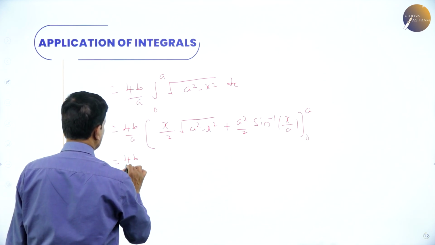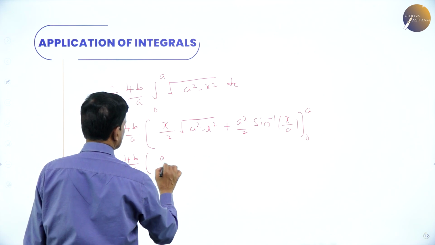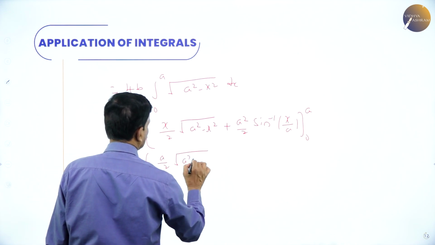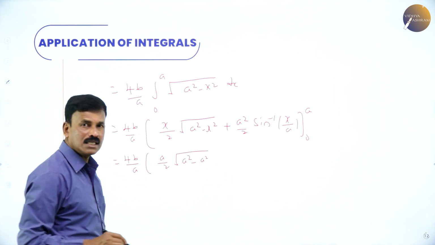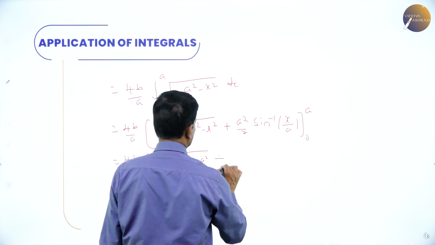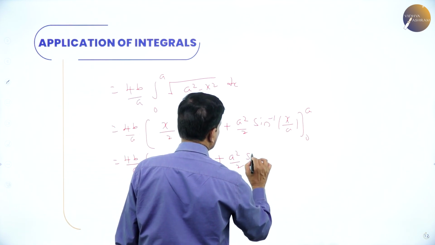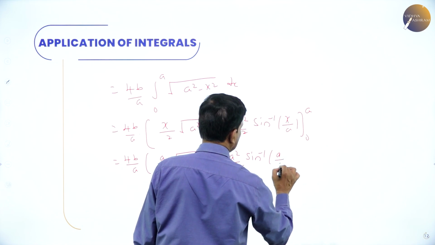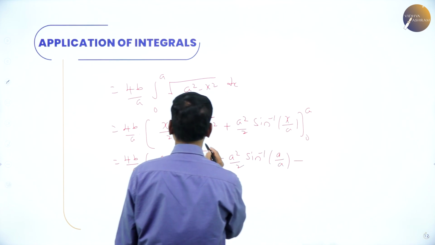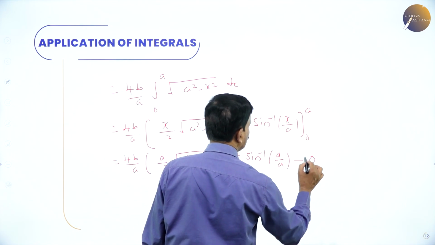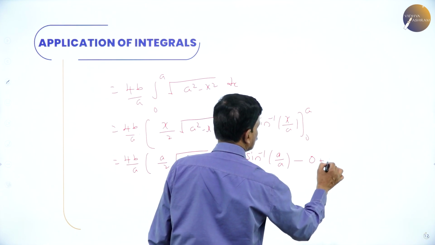So this is 4b by a as it is. X is nothing but a by 2 into upper limit a square minus a square, plus a square by 2 into sine inverse of a by a, minus, if you multiply by negative, 0, and this is also 0.